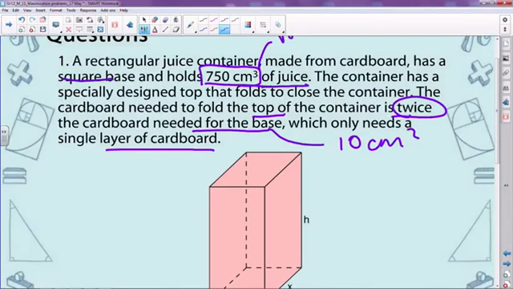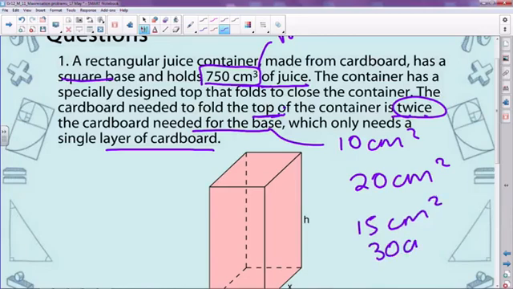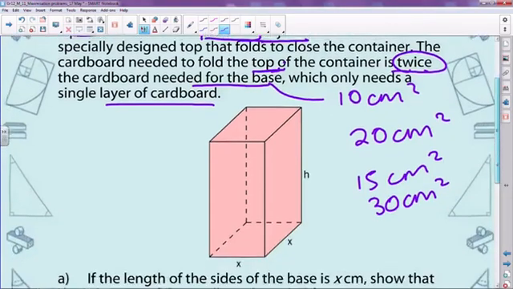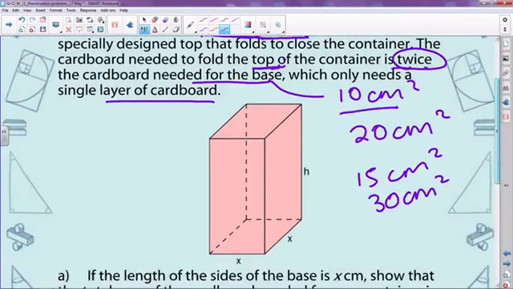Well, what they're saying is the top of this container is going to need twice as much. So the top will then need 20 centimeters squared, right? If the base needed 15 centimeters squared, then the top would need 30 centimeters squared.